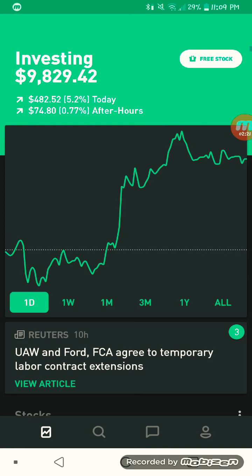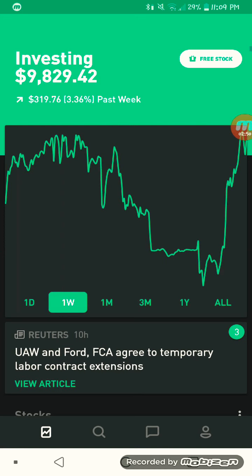So after hours tells you how much it moved after the market closed, and it tells you in percentage value as well as in dollar value. So today my portfolio went up about $482 during market hours, which is equivalent to 5.2% of my portfolio, and then after hours it went $74 up, which is equivalent to 0.77% of my overall portfolio.